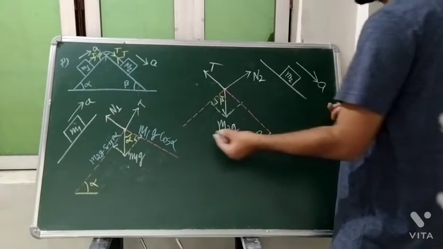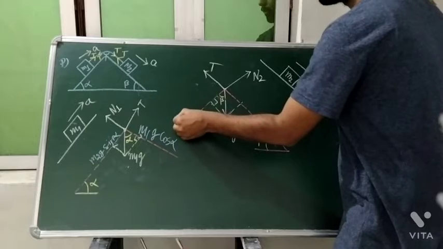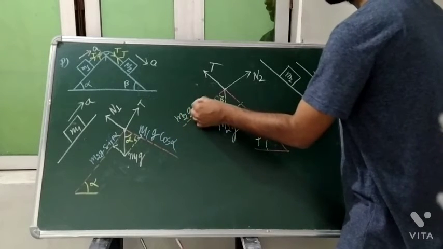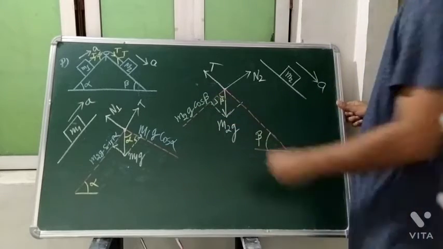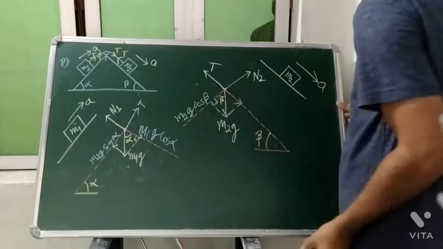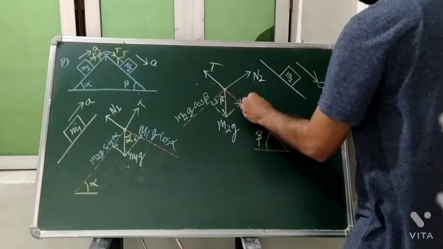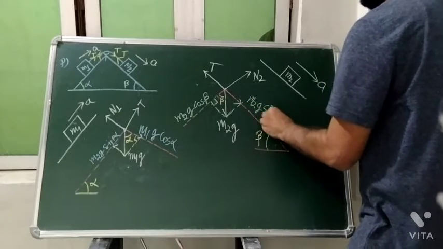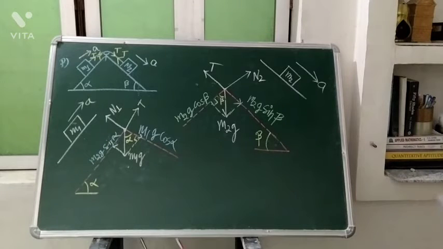This side we are going to get M2G cos beta, and this side we are going to get M2G sin beta. Right up to here.